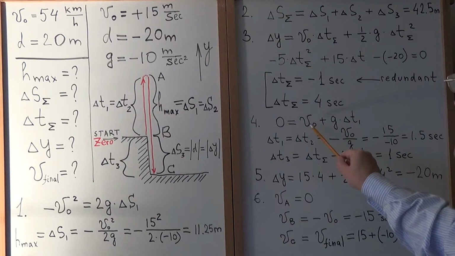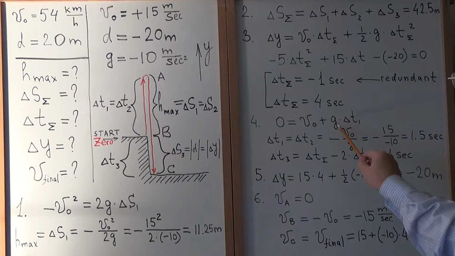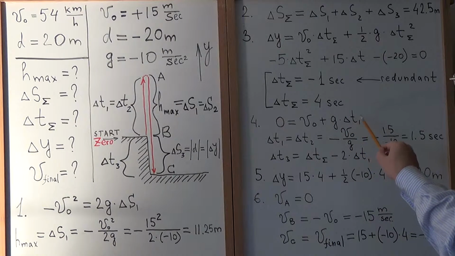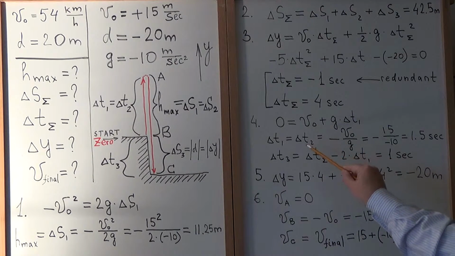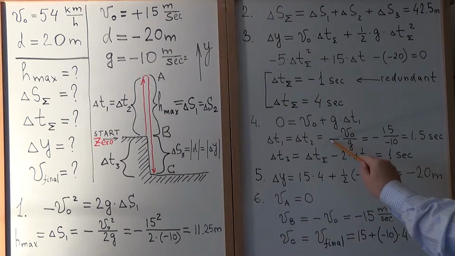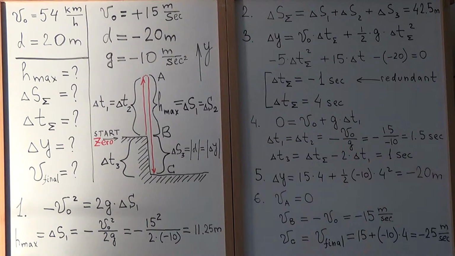So 0 equals V0 plus acceleration multiplied by delta T1. Plug in numbers, we get delta T1 equals 1.5 seconds. This formula, again, looks a little odd because we have a minus in front. But we remember that acceleration is negative, so the final answer will be positive.